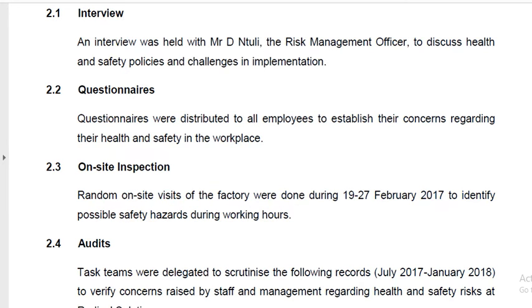You can even talk about on-site inspections, where you went there with the construction manager or the architect or the draftsman to see the previous design or the plan of the community hall, and see how they can make improvements on that.